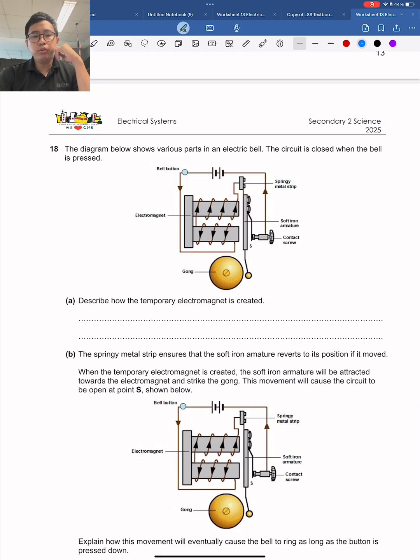Okay, so here shows the various parts of an electric bell when the circuit is closed, when the bell is pressed. So describe how an electromagnet is created.